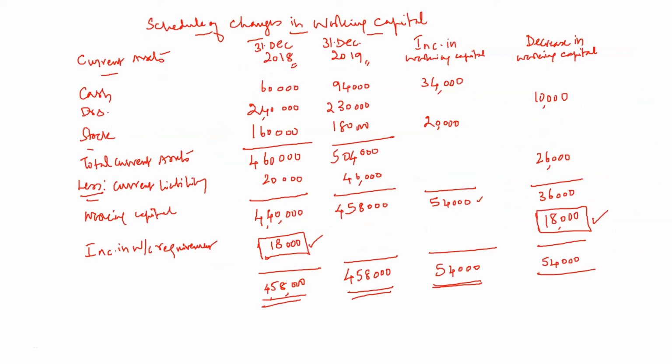And while preparing the schedule of changes in working capital, you must keep in mind that the general rule is: an increase in current assets will always reflect as an increase in working capital, and vice versa.